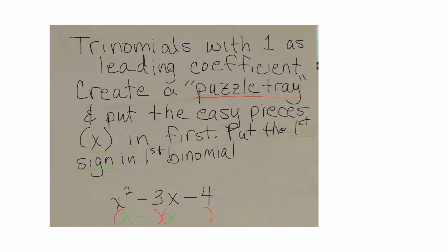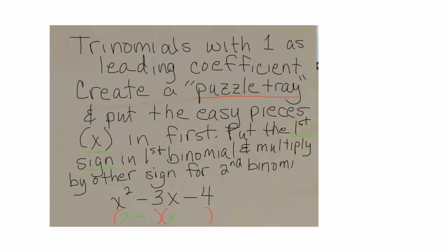And then we're going to multiply it by the other sign for the second binomial. Negative times negative would give us a plus. So into that second binomial, we're going to put a plus.